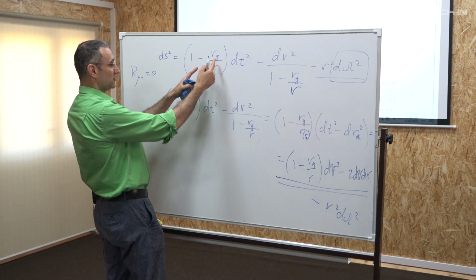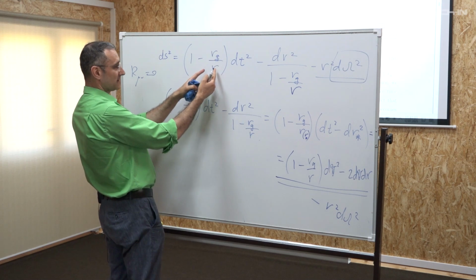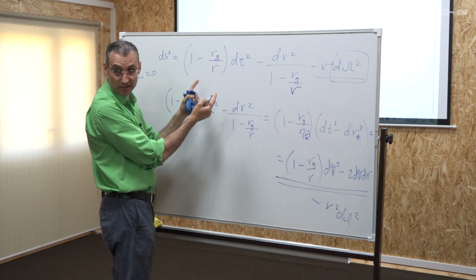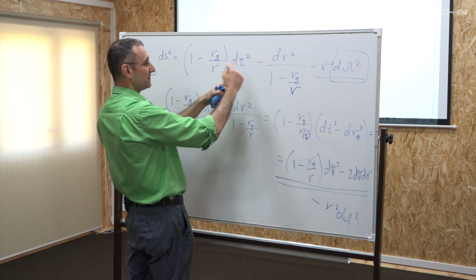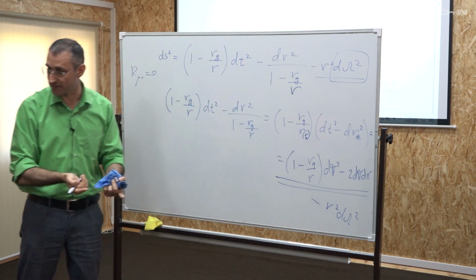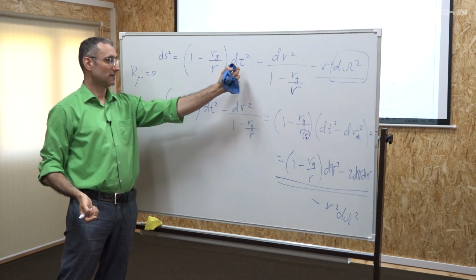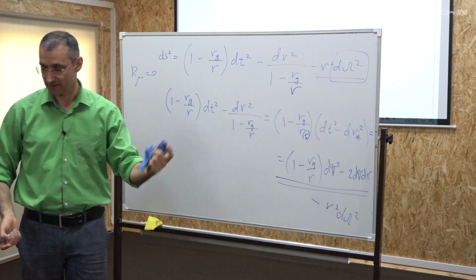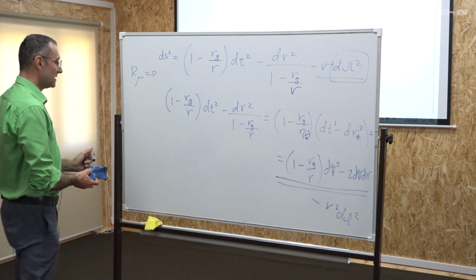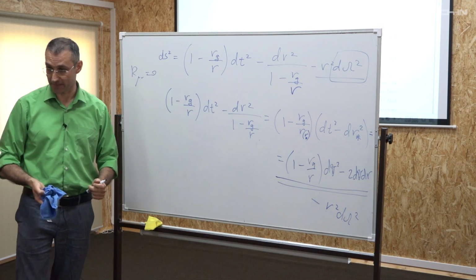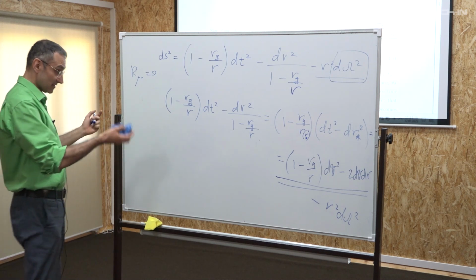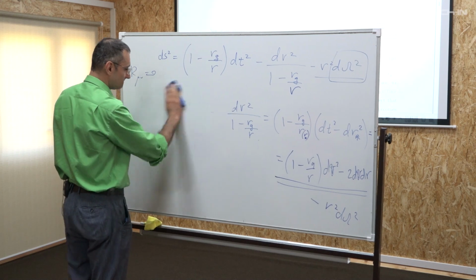But then I have to use the fact that R prime is less than Rg, and then they essentially flip. R prime plays the role of time, meanwhile T prime plays the role of a spatial coordinate. And the metric becomes a time-dependent metric. Nevertheless, it solves Einstein equations.